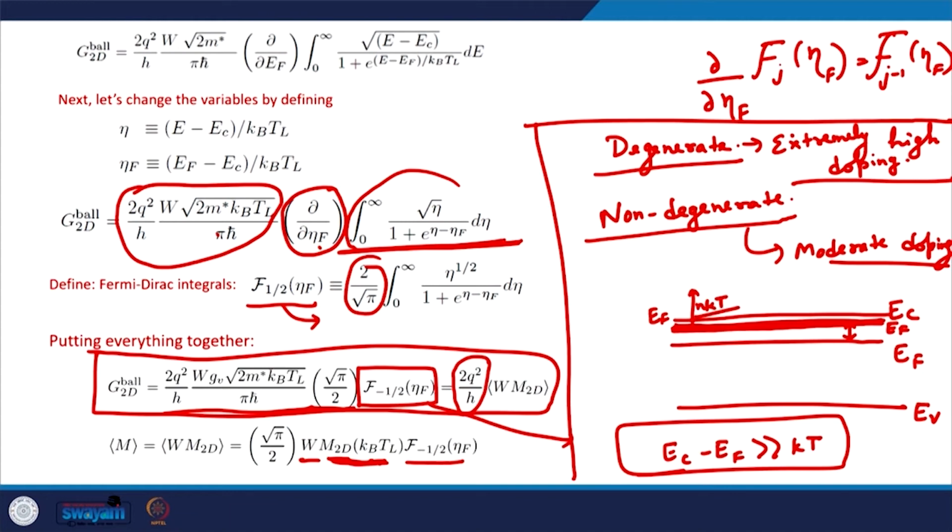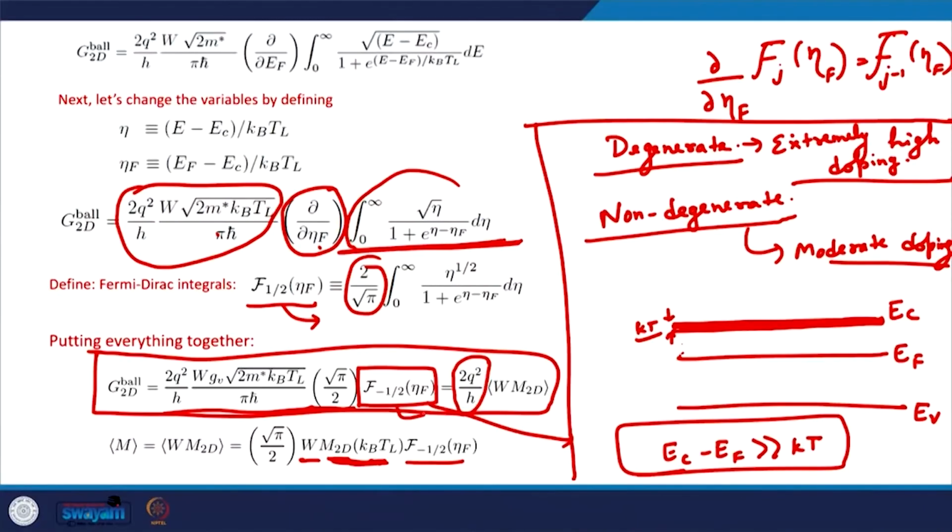But in the case of non-degenerate semiconductors, the electrons in the conduction band are not too many. Electrons are only there in a small range of energy values, around 1 or 2 kT. So just above the bottom of the conduction band, only up to 1 or 2 kT energy values, the charge carriers are there in the non-degenerate case.